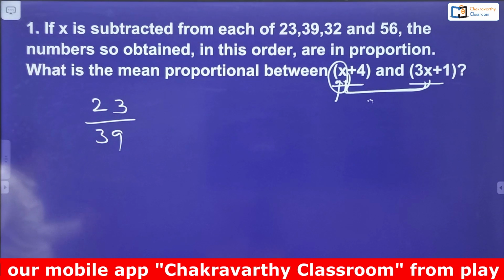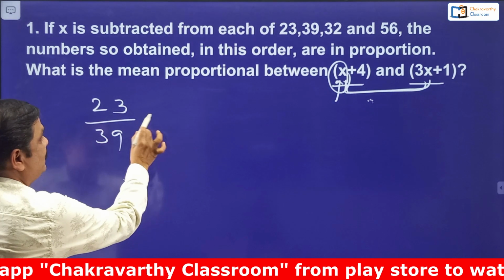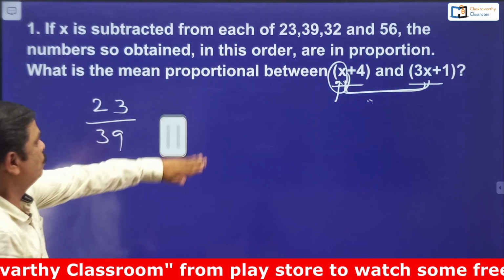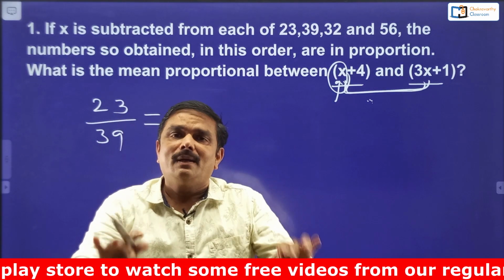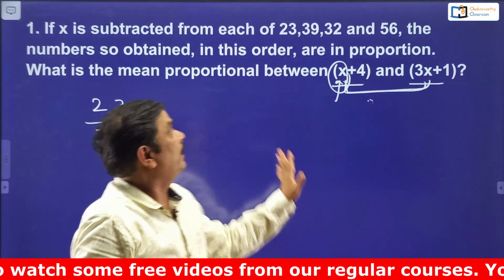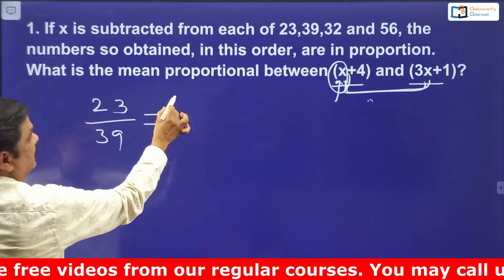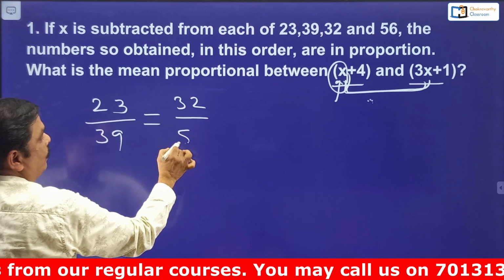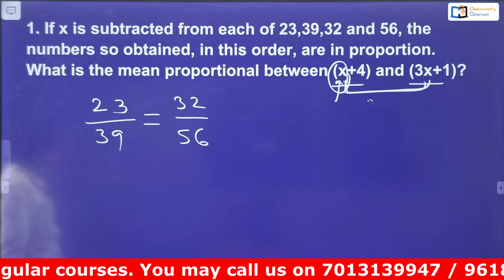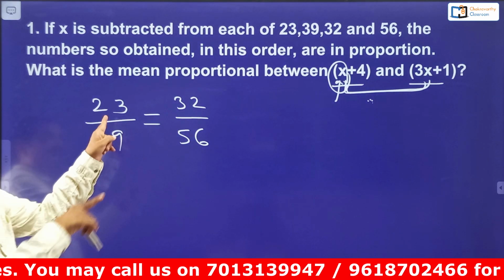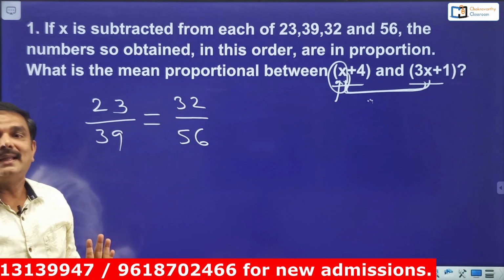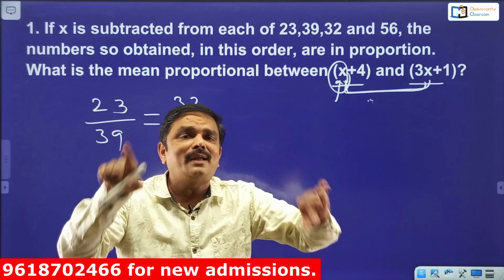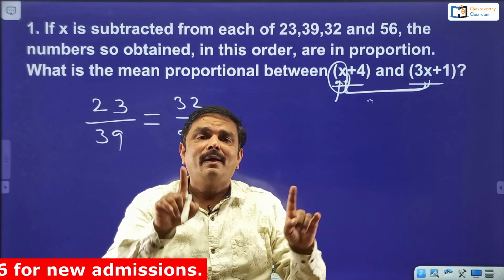I want to make the proportion, that means equal to, of course these four are not in proportion, but for our sake I am keeping equal to there, equal to 32 by 56. Okay, now according to the problem, 23 minus x, here also minus x, then that will make a proportion. Using that proportion, you can find out the x value.